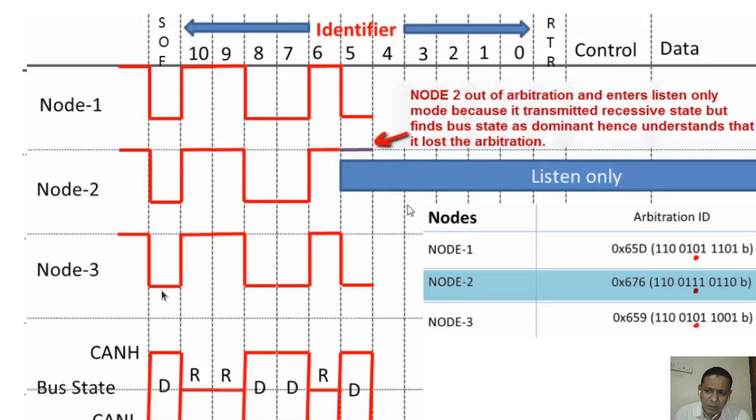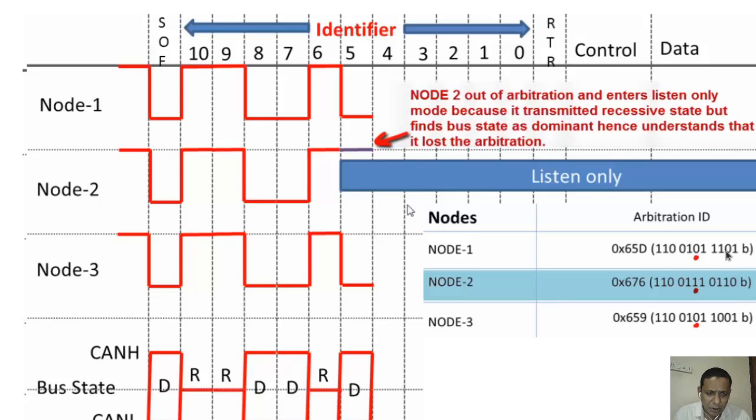The first bit will be a start of frame, and it is a dominant bit, that is we are giving 0 as an indication of the start of frame. Then 11 bits will come, which are the identifier for the standard frame format.